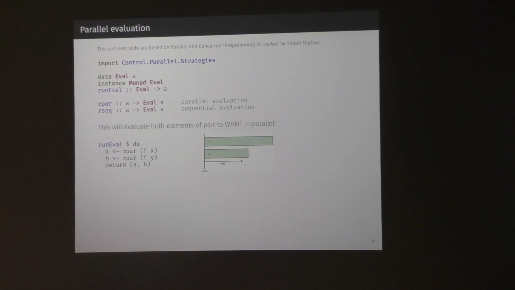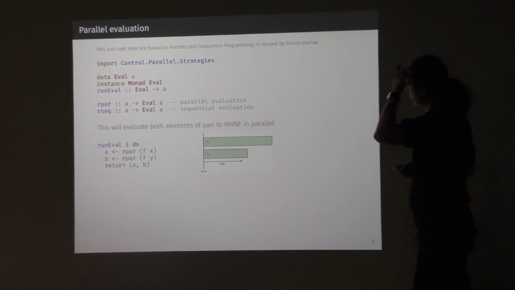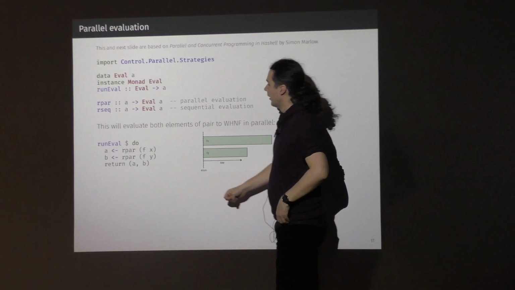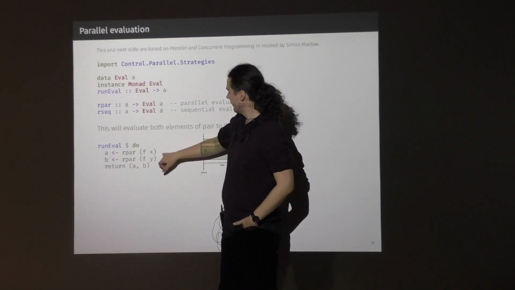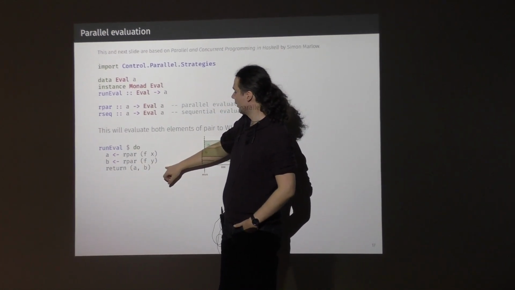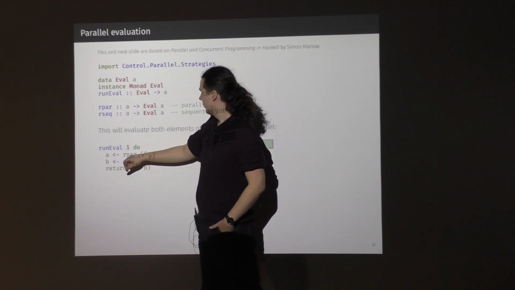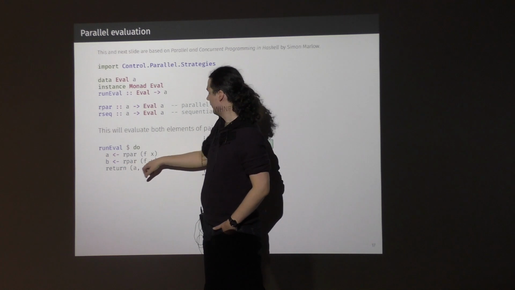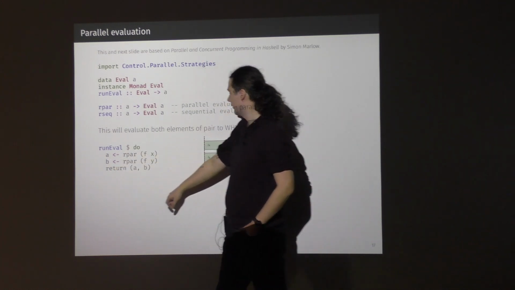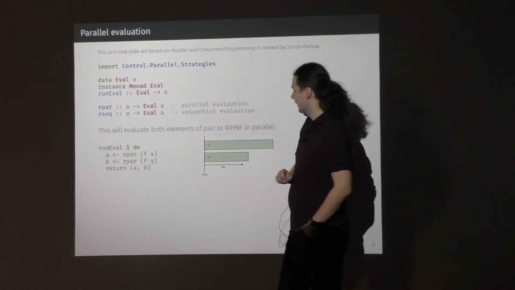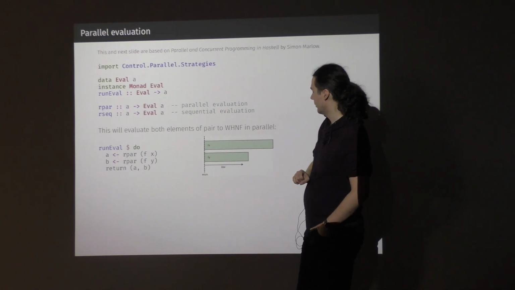For example, examples taken from the book, how it looks. So for example, if we have a code like that, so we say that we compute f on x with r-par and f on y with r-par, and we return the pair, then basically evaluation will work in the following way.